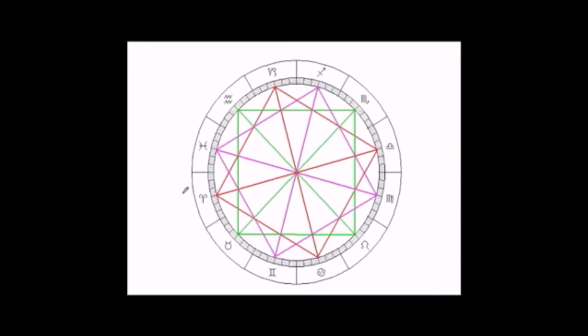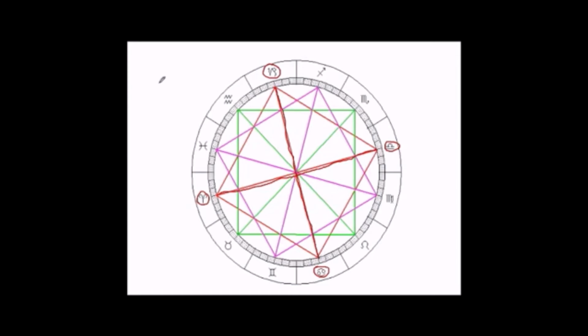Now you can see, if we take, for example, the cardinal cross here, which is shown as the red lines, that we have two 180-degree angles, from Aries to Libra and from Capricorn to Cancer.